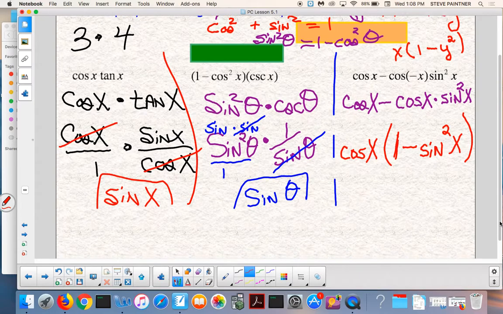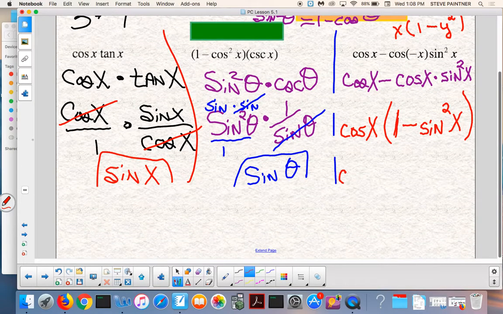Okay, so this cosine stays put. What's that? Cosine squared, got it. And that just says cosine times cosine. What's the answer?